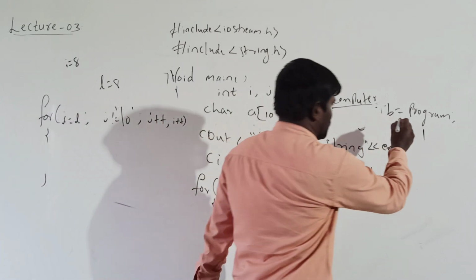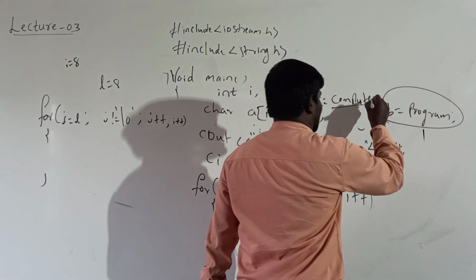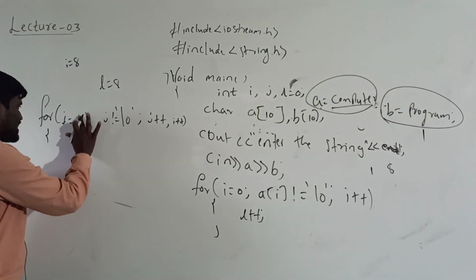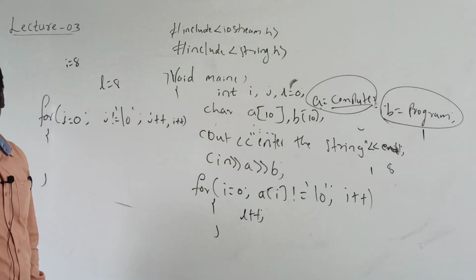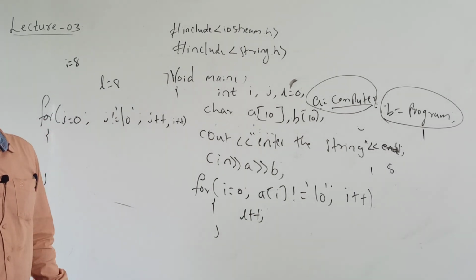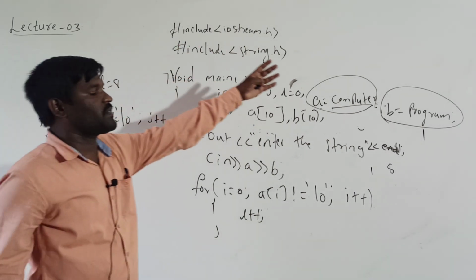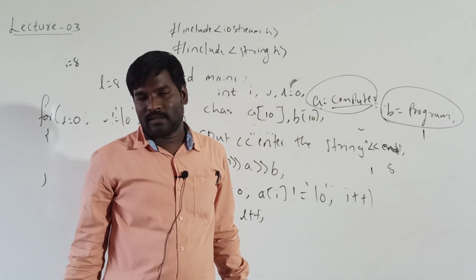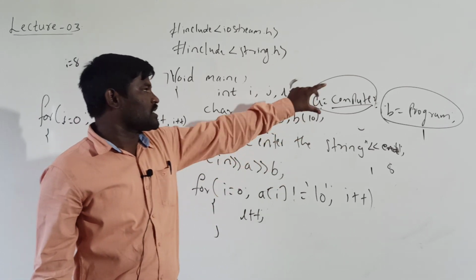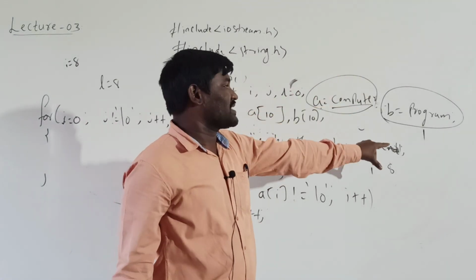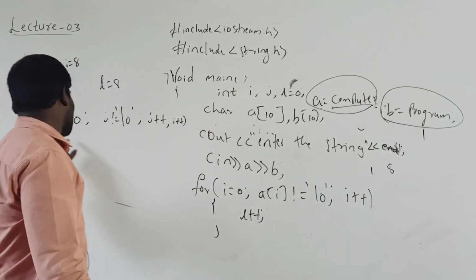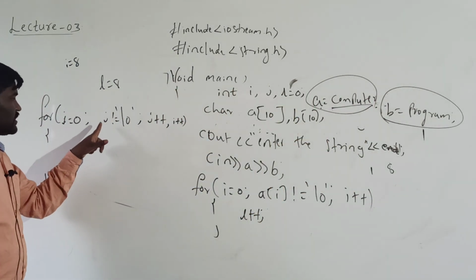Because if you want to consider the second string, it must start from 0. If I take j equal to 0 as j equal to L, it will directly identify the last character. But we have already found the last position of the first string. So next we have to consider the second string's first character. That's why j is equal to 0.